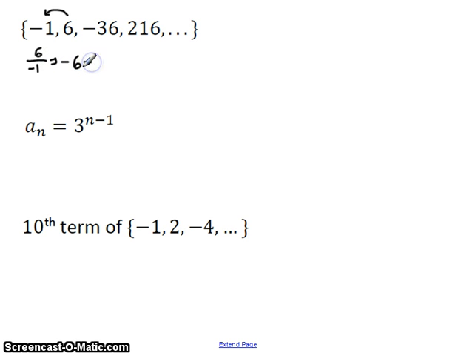So this would be the value of r if this were a geometric sequence. So I have to then go from 6 and multiply by negative 6. I do get negative 36, so that works. Negative 36 times negative 6 gives me positive 216, so that works. And so yes, this is a geometric sequence with a value of r equal to negative 6.